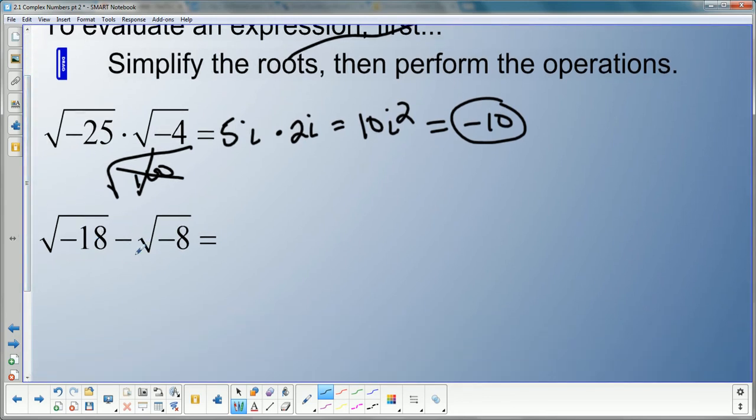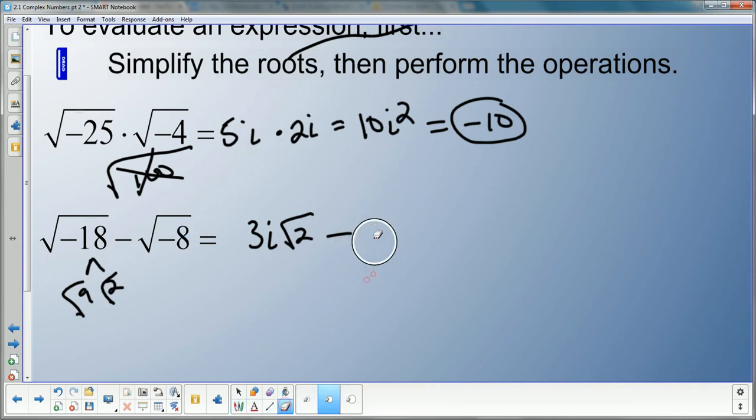Okay, here a subtraction sign. So this one's a little bit trickier. This goes back to some stuff we've done before. So negative 18, I'm going to pull out that i, and then I'm also going to think of 18 as 9 times 2, because the square root of 9 is going to give us 3, and then I'll have the square root of 2. Minus, same idea, pull out that negative sign. I'm going to pull out an i.